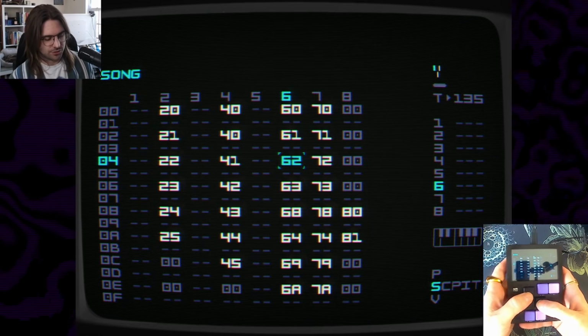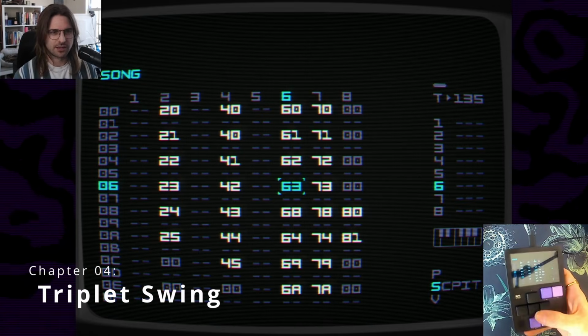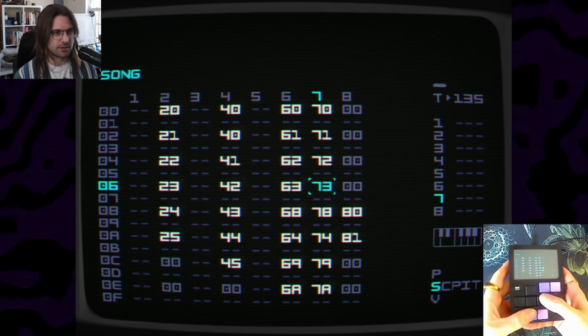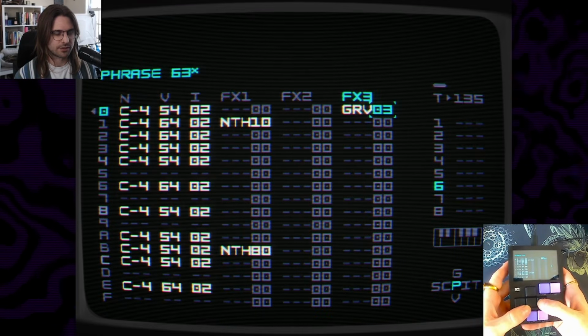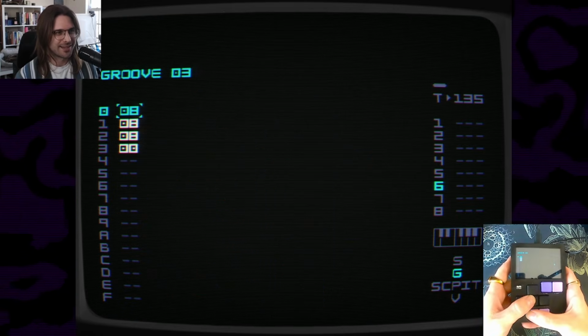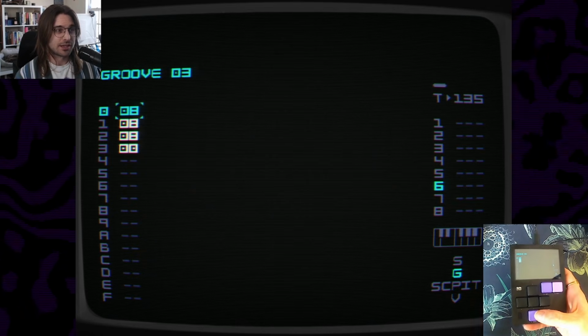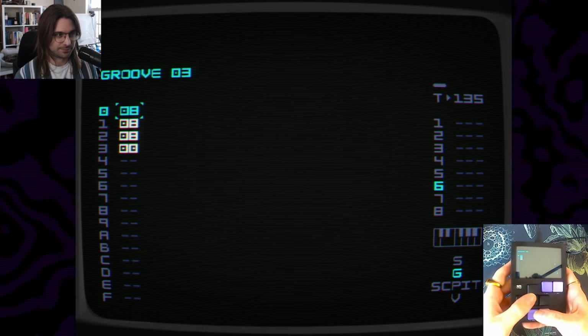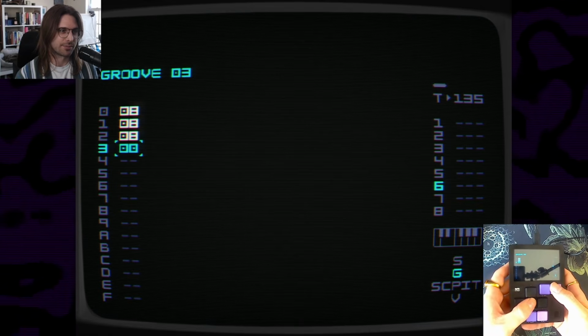Now, if you wanted to do triplet swing, which is something kind of specific, then we're going to break out a different groove idea. I have that under groove 3, or triplet. Each step is 8 ticks long, and then I have this 0, 0 on step 3.